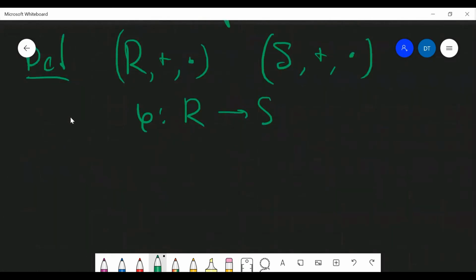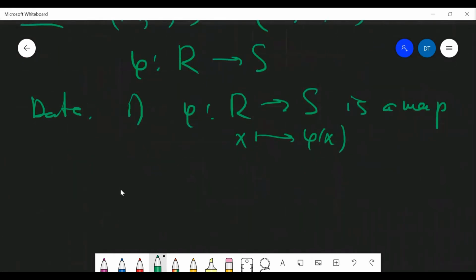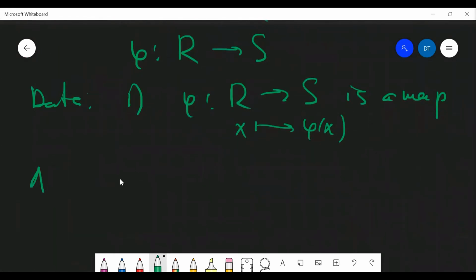So as data, phi is a map from the set R to the set S. This simply means that it takes each element of R to an element of S. So it's a well-defined map, a function, if you wish. And now we have the axioms.